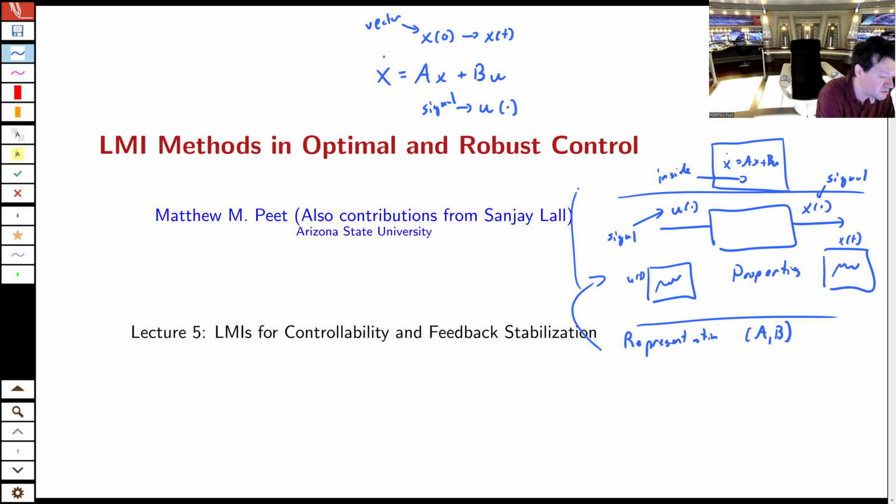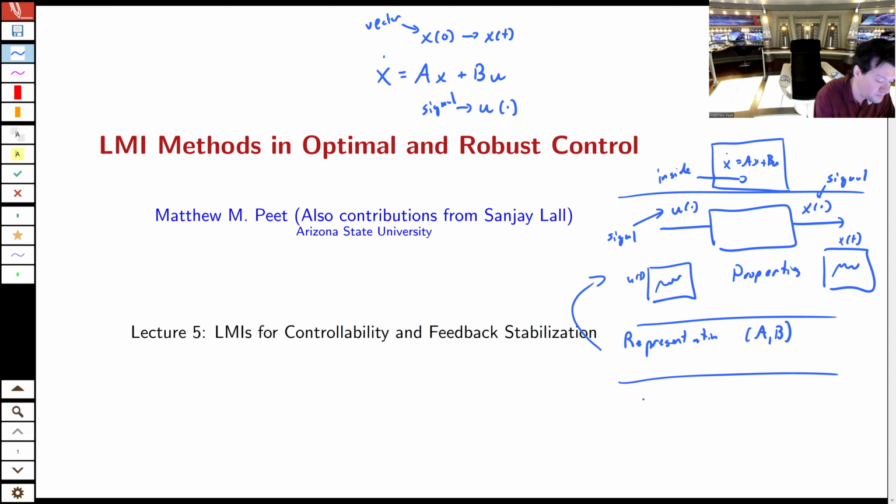And we'll mostly ignore this first hierarchy up here for the most part. What can we say about the properties of the input to output map given properties of these two matrices, A and B? And then what we're really interested in is optimization. So how can we relate the properties of this input-output relationship using positive matrices?